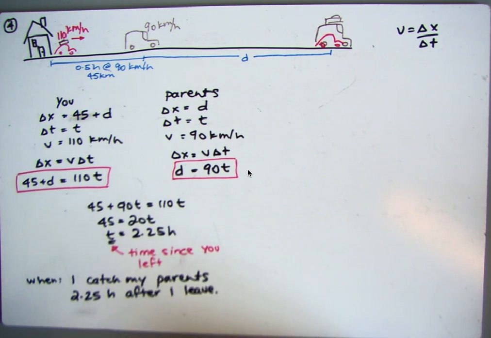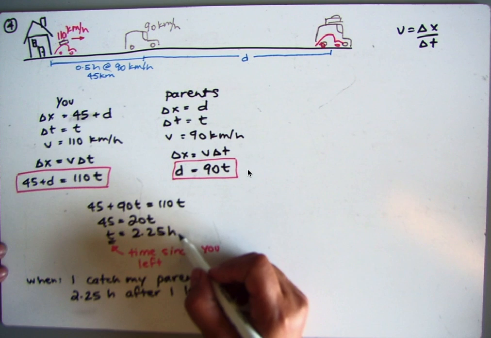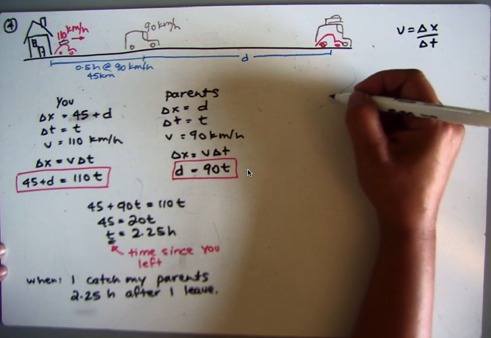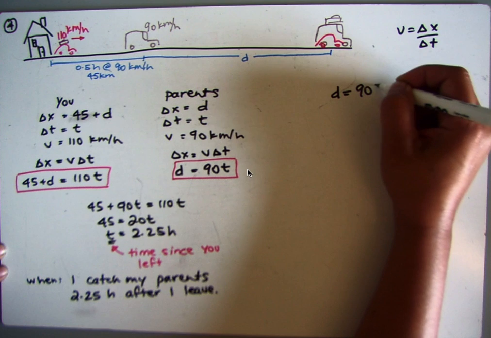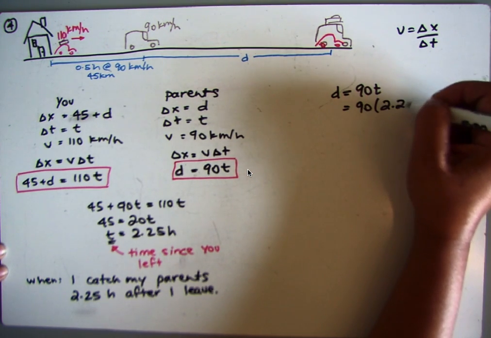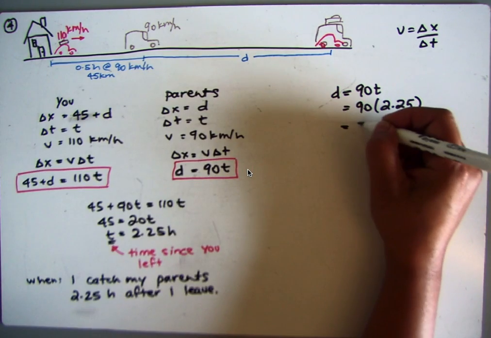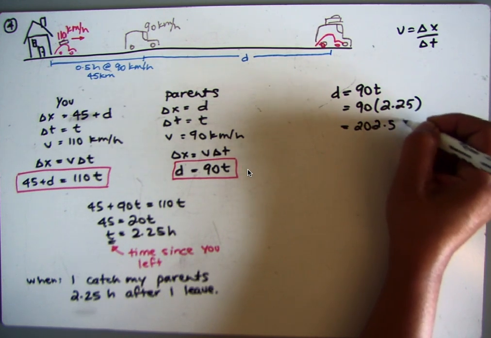Okay? And then to find the answer to the second part, it's just a matter of substituting the time back into one of our equations. So d equals 90t, or 90 times 2.25, which equals 202.5 kilometers.